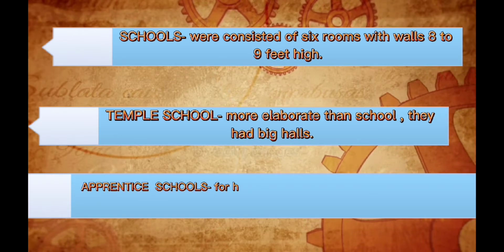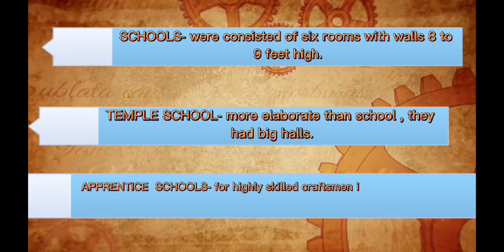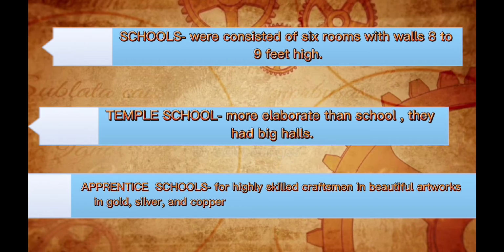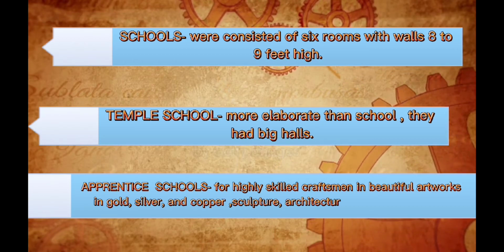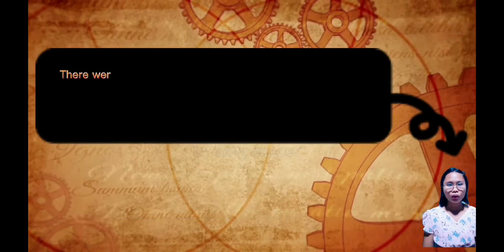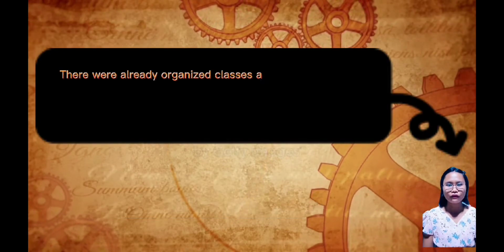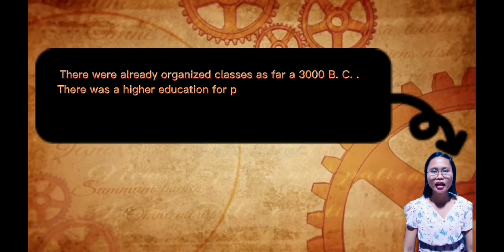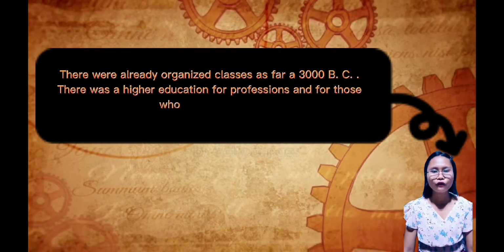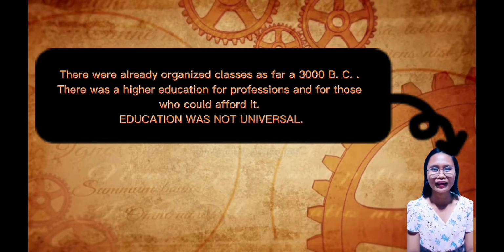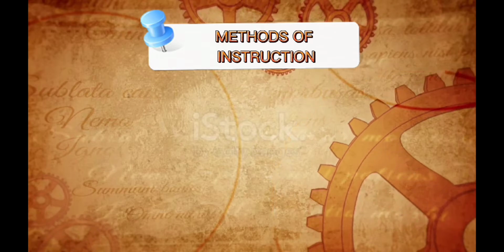Apprentice schools, schools for highly skilled craftsmen in beautiful artworks in gold, silver, and copper, sculpture, architecture, and in metal works. There were already organized classes as far as 3000 BC. There was higher education for professions and for those who can afford it. Education was not universal.